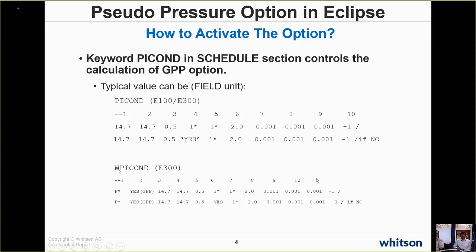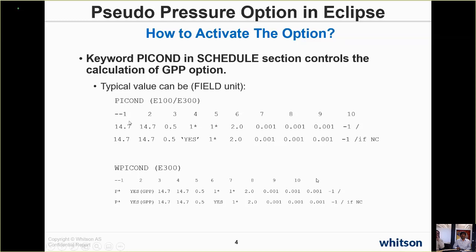We can also give this WPICOUNT, but it's only available in Eclipse 300. And here we can give the well number, well name, or some star. And then here we can also set whether we want the GPP option activated or not. And then we can also have all the numbers we had in PICOUNT. So basically, WPICOUNT is a combination of PICOUNT and pseudo press.